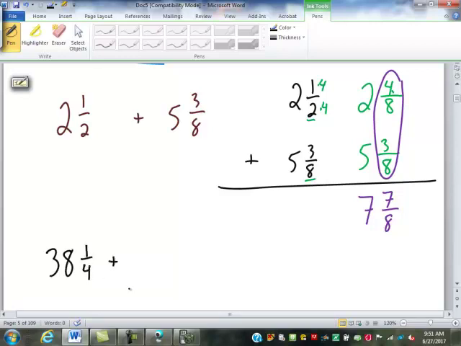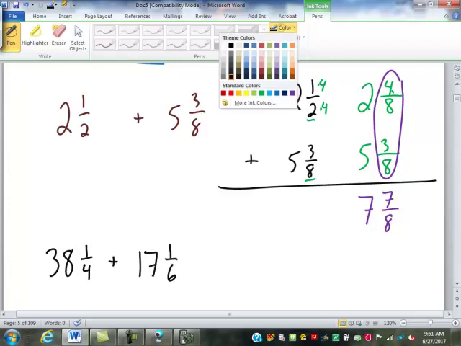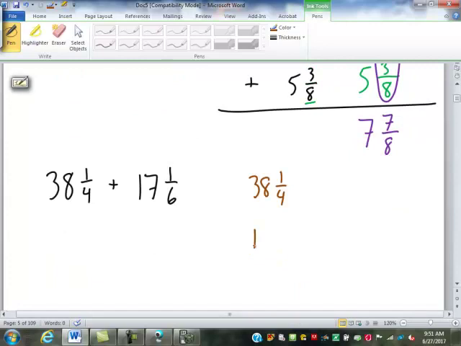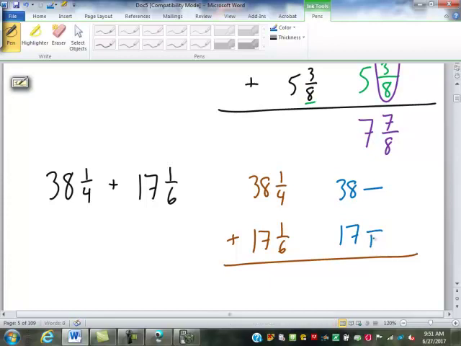So I'm going to have 38 1/4 plus 17 1/6. So first thing I'm going to do is find my common denominator again. What's it going to be? 12.